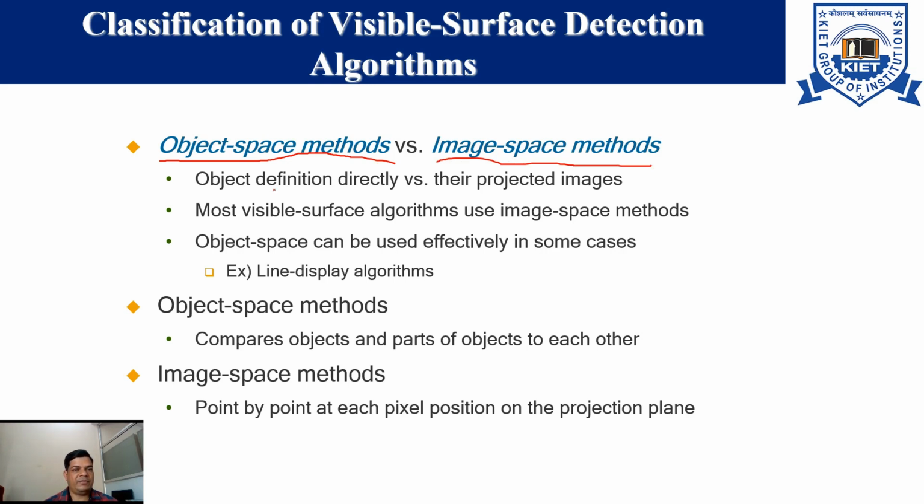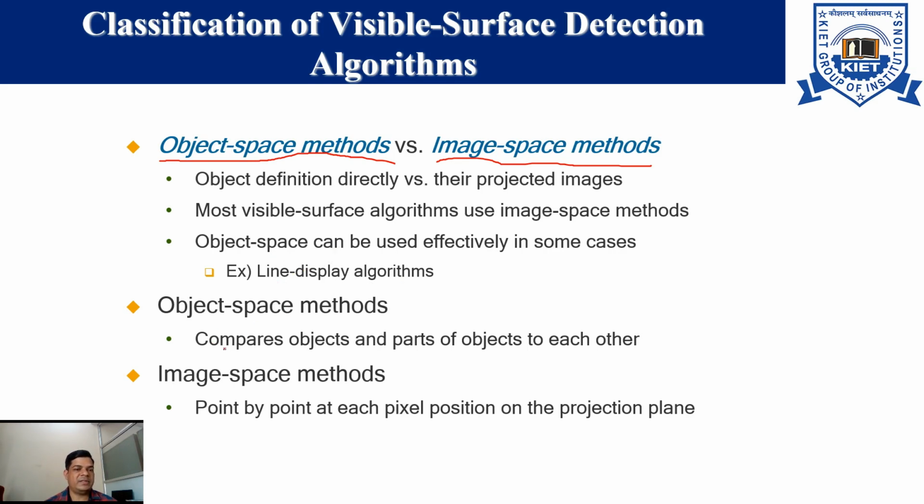Most visible surface algorithms use image space methods. There are only a few algorithms using object space methods, and especially line drawing applications use the object space method.